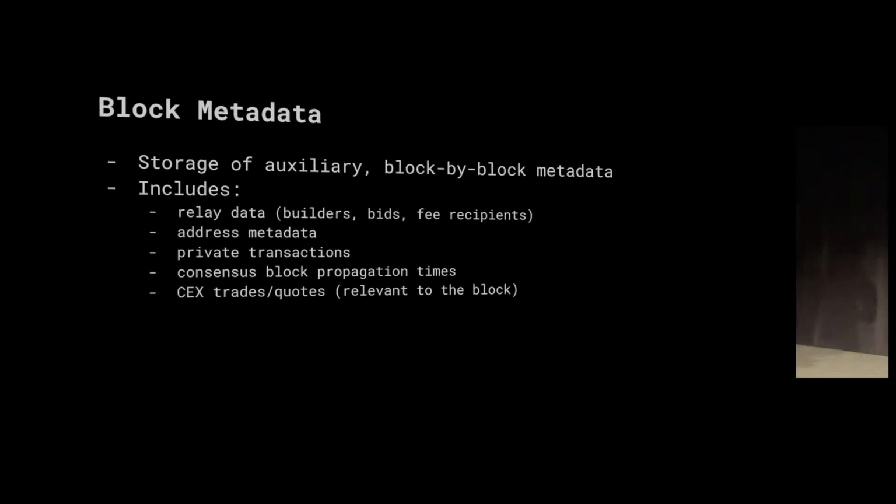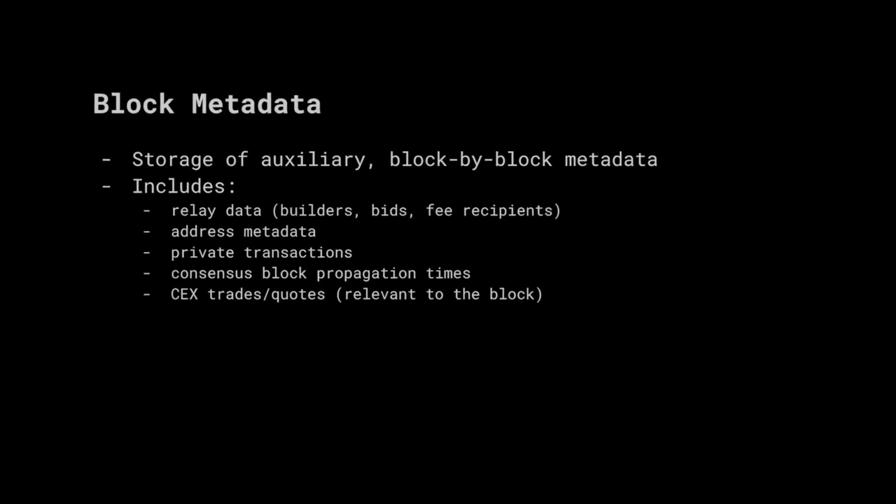Yeah, and then the separate portion of the data that you're actually provided is the block metadata. And this is a really valuable portion where you store all of the data that we could possibly think of could be useful in the analysis of any financial interaction. So you have the relay data, the builders, the bids, the fee recipients, the builder metadata with connected searchers.